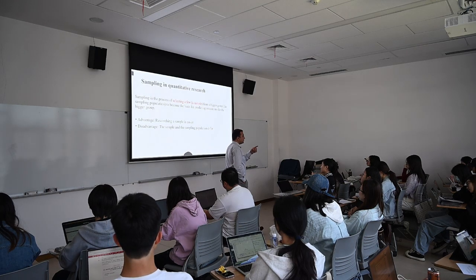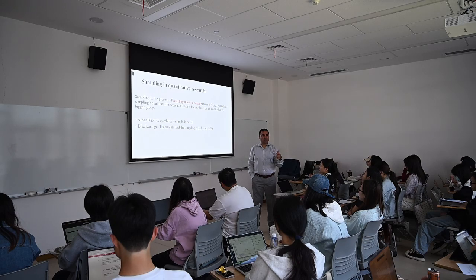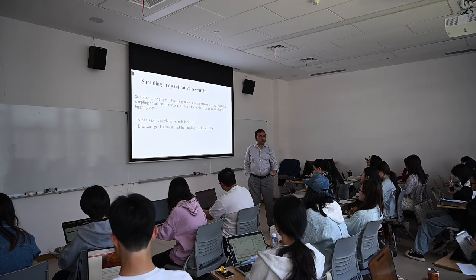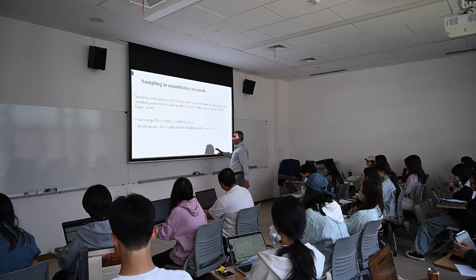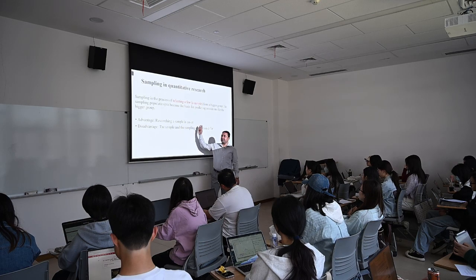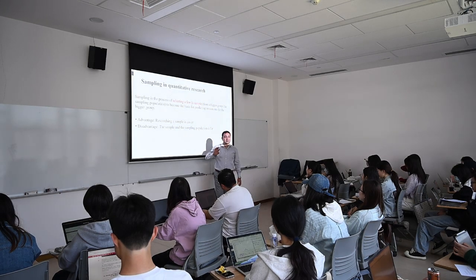You select a sample, you collect the data, you analyze it, you get some results and findings, and then you generalize to the overall population. So there are advantages and disadvantages. The main advantage is that doing research about a sample is easier.